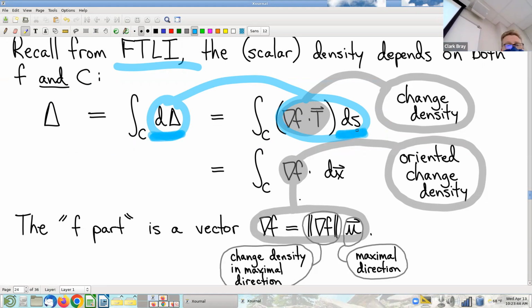Size is ds. And so your associated density unavoidably is, check it out, gradient dot t. And that t depends on the curve, not just the function. So we've got the same situation here. How fast is this function changing? What's the change density of this function?